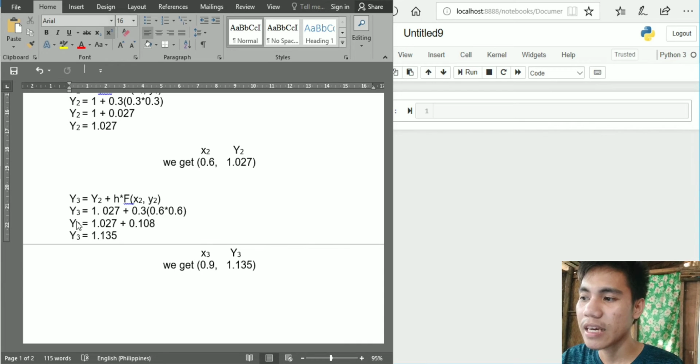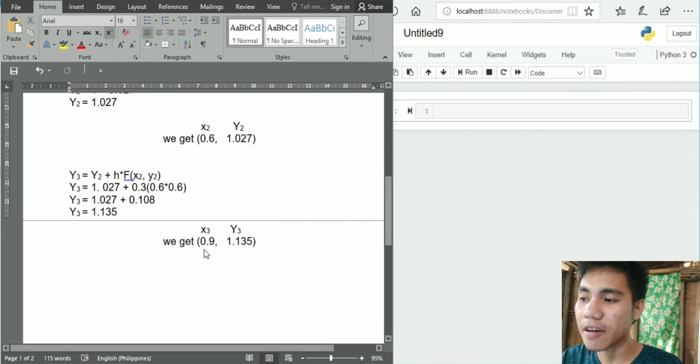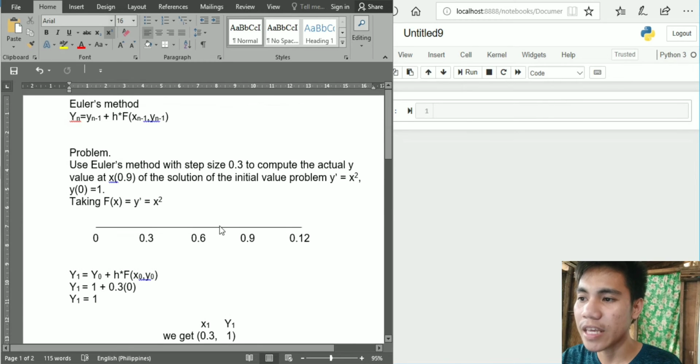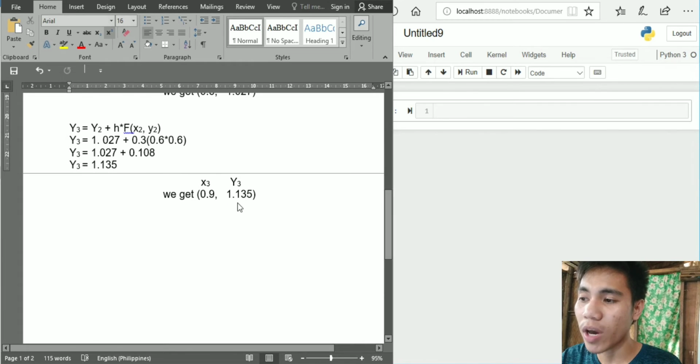So y sub 3 is equal to 1.027 plus 0.108, which is equal to 1.135. We just put the value here, and the value of x sub 3 is 0.9. So we already answered what is asked of us: compute the actual y value at x equal to 0.9. The actual y value is 1.135.